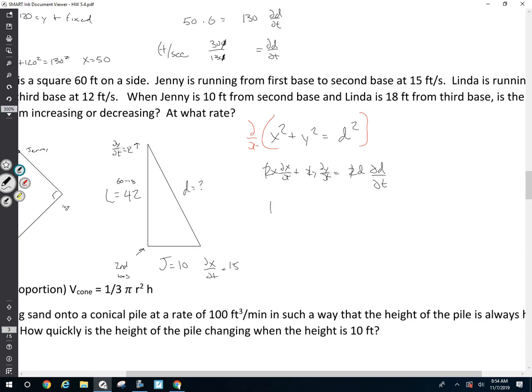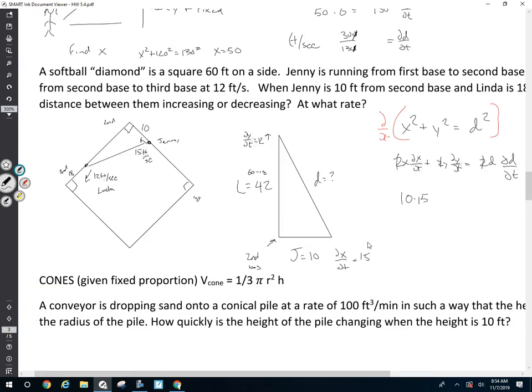I said X is Jenny. She's moving away at 15. You know what? False. Jenny is moving towards second base. Since she's moving towards second base, she has a dx/dt of negative 15. Jenny's coming this way versus Linda's going that way.